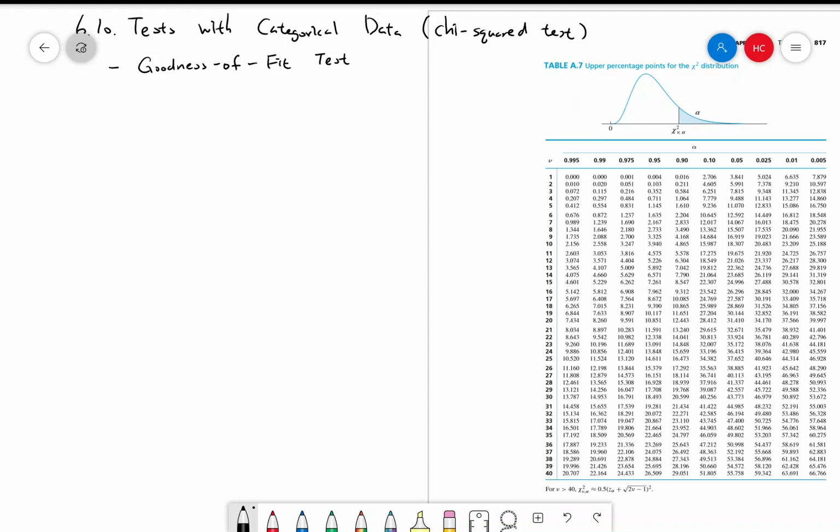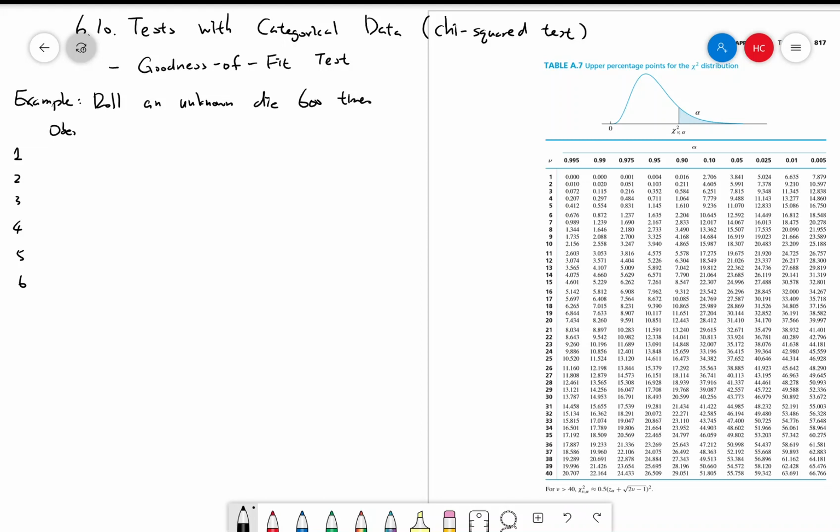Okay, so let's consider an example. Let's roll an unknown die 600 times and count the result. The result could be 1, 2, 3, 4, 5, and 6.